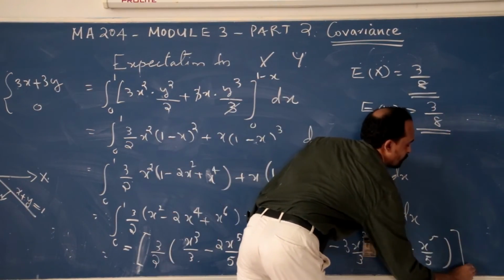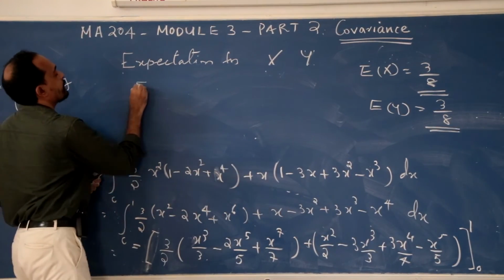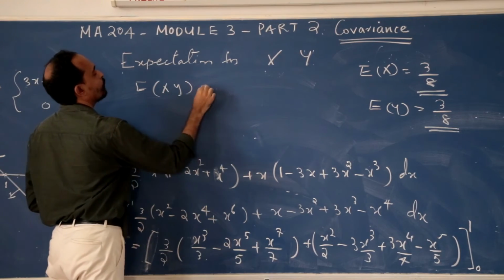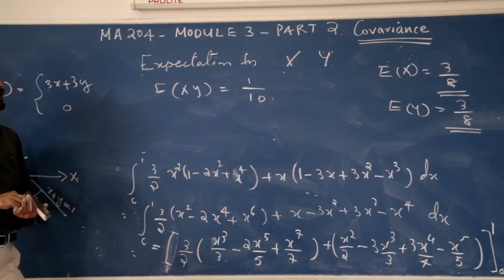Limit varies from 0 to 1. Solving, we will get expectation of xy is equal to 1 by 10.